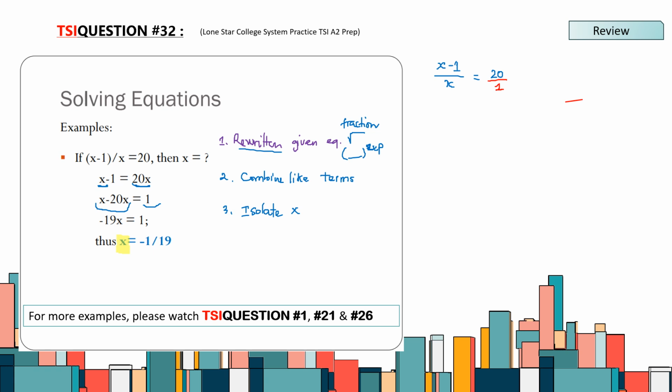And we also have a side note: if we have a over b, the fractions, equal c over d, we will have a multiplied by d equal b multiplied by c.